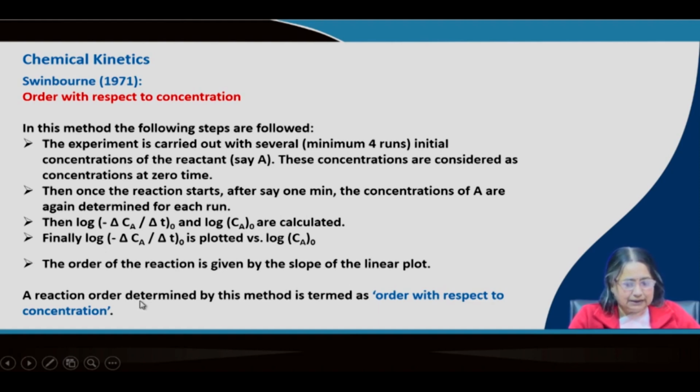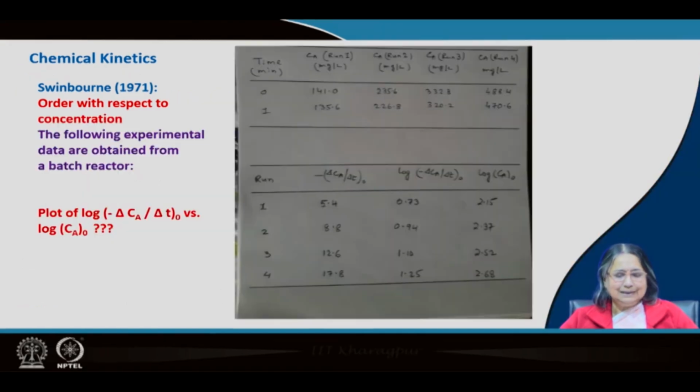Once the slope is known, we can find out the order of the reaction from the linear plot. The reaction order determined by this method is termed the order with respect to concentration. These two are very nice methods. To understand this, you can see the data from an experiment done with 4 runs.